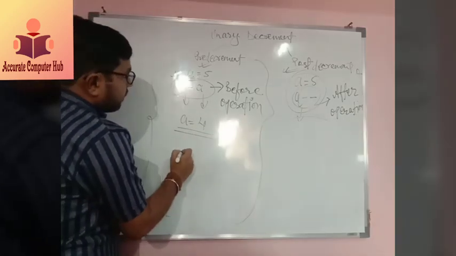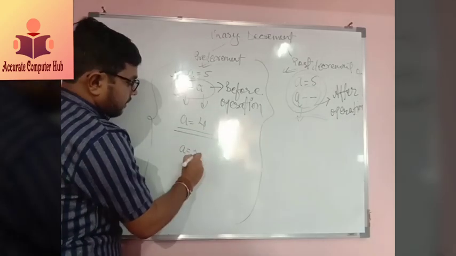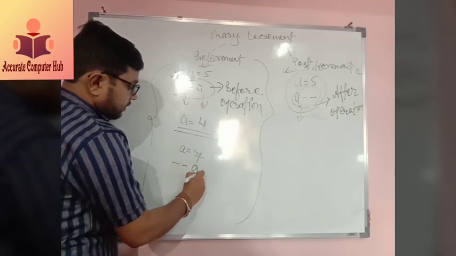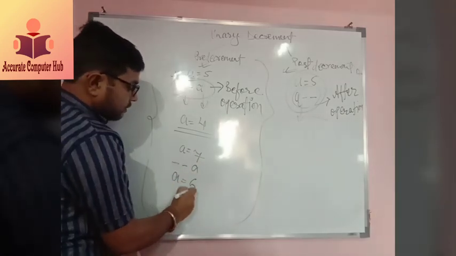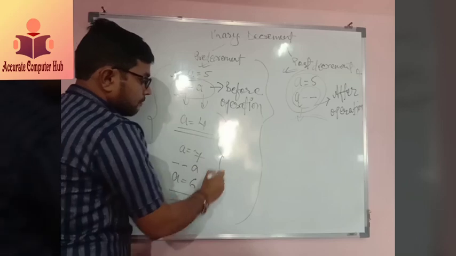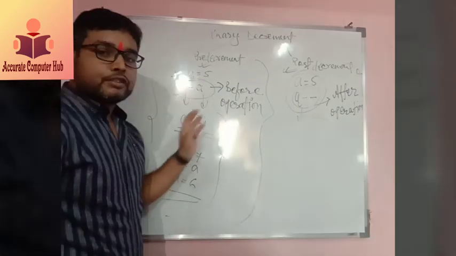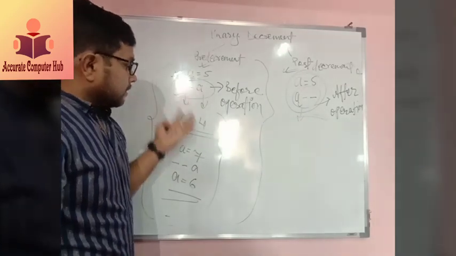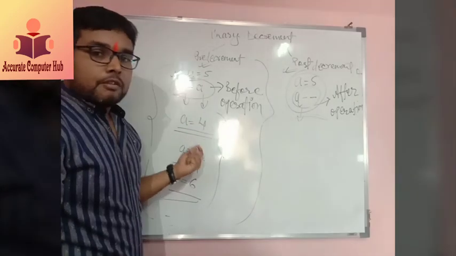Same here again, if a equals to 7 and --a is given, then put the value of a equals to 6. This is also before operation. You don't have to see anything, just decrease the value by 1.